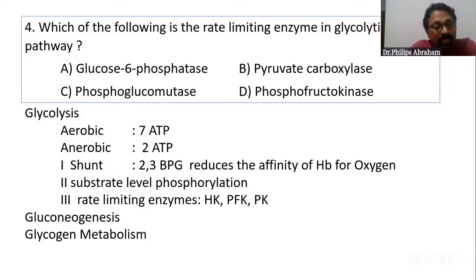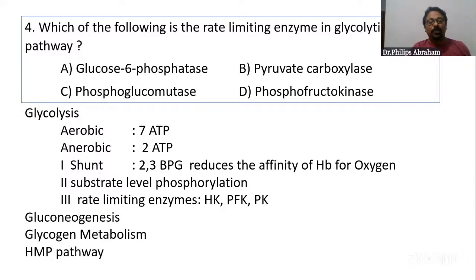And the question can be on glycogen metabolism. The two major things in glycogen metabolism: one is glycogenesis, synthesis of glycogen, where the enzyme is glycogen synthase; and glycogen breakdown, or glycogenolysis, where the main enzyme is glycogen phosphorylase.